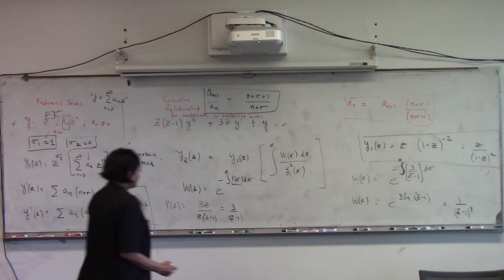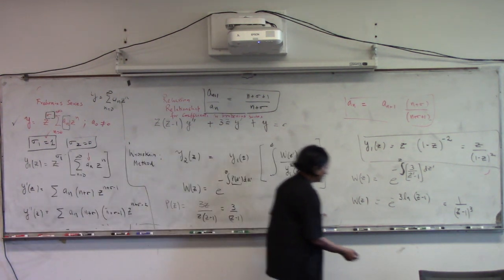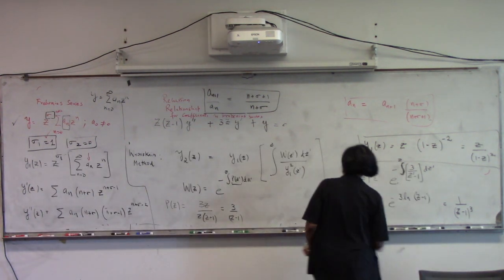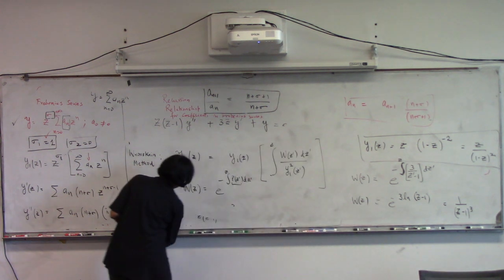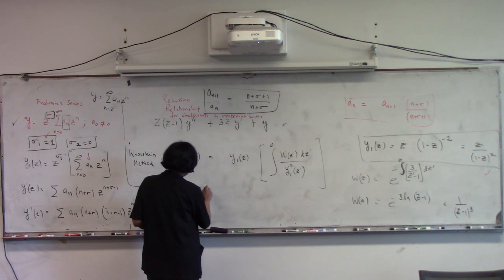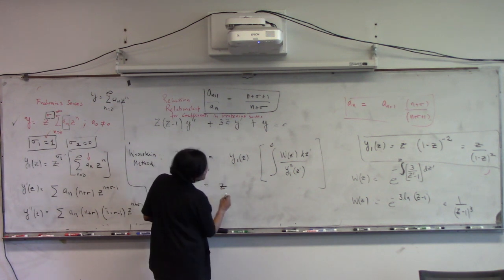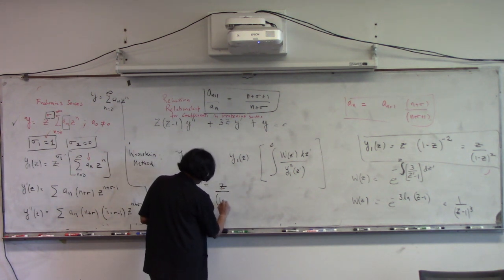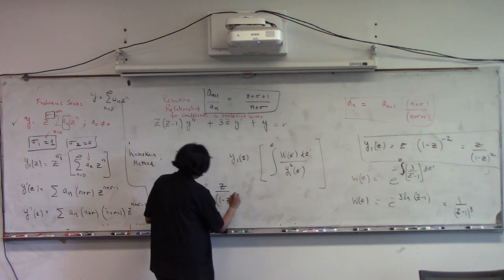So I have the Wronskian, and now we can get the whole thing done. y1 of z is z divided by 1 minus z squared.